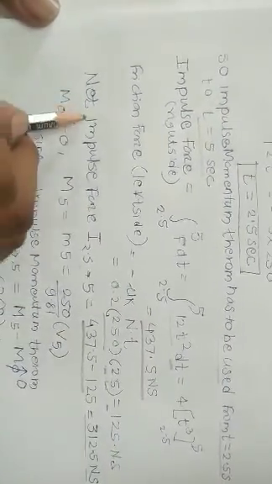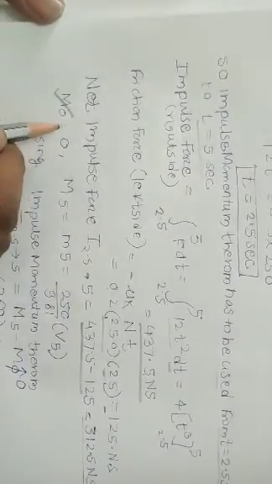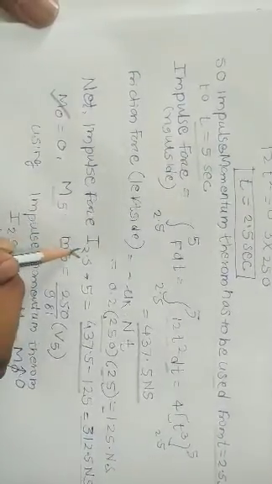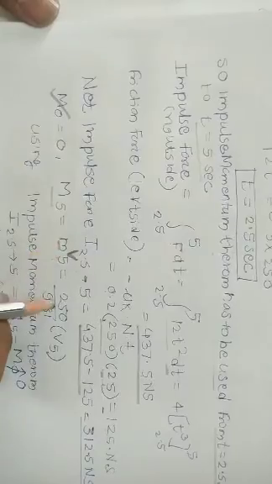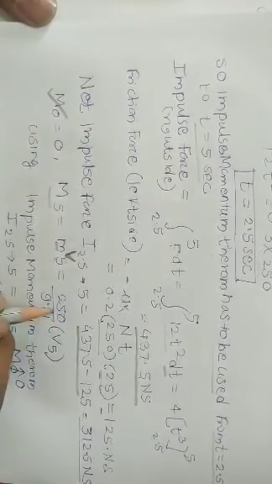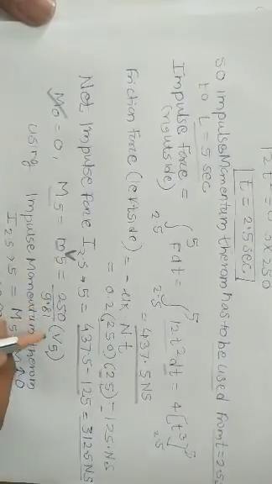Now the initial momentum m0 is 0 because the block starts from rest. m5 is equal to mass times velocity at 5. Mass is 250 divided by 9.81, since it is given in Newton, so we convert to kg by dividing by 9.81, times v5.